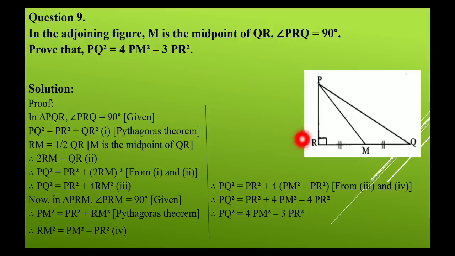I have multiplied 4 inside. PQ square is equal to PR square plus 4 PM square minus 4 PR square. Then I am going to subtract: 1 minus 4 is minus 3. So PQ square is equal to 4 PM square minus 3 PR square.